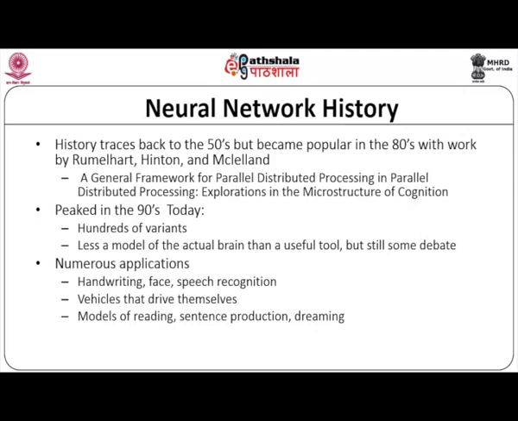So, the self-driven vehicle is another application where neural networks are adopted, and there are various models created for reading, sentence production, and even for understanding what happens during dreams. So, these are all various applications where neural networks are widely used.